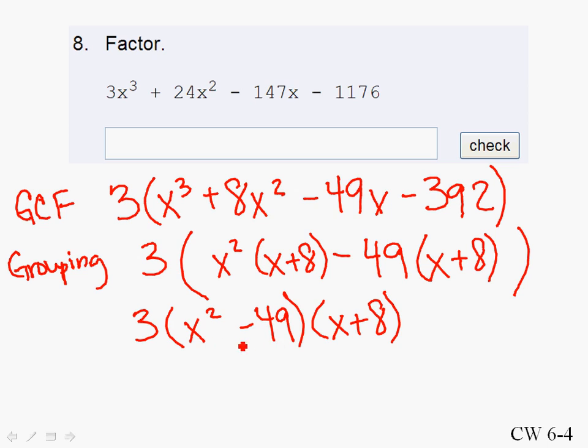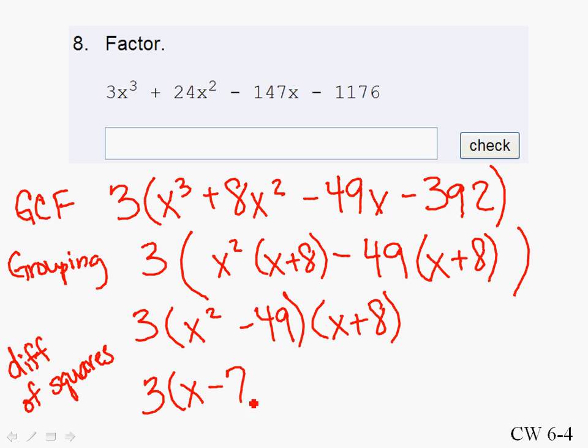Because x squared minus 49 is the difference of two squares, we're going to use the difference of squares to get 3 times x minus 7, x plus 7, and x plus 8.